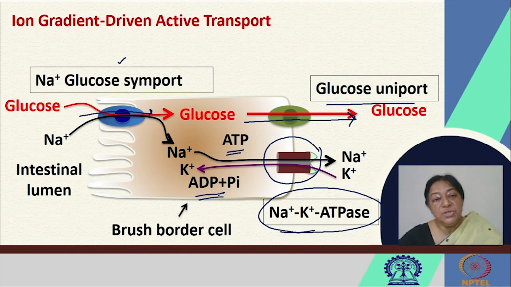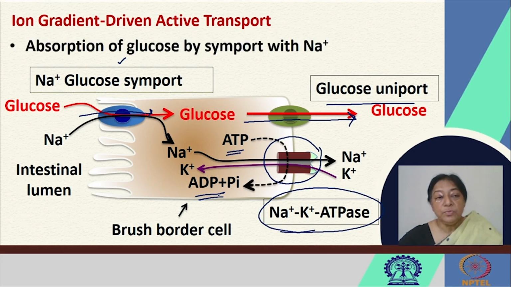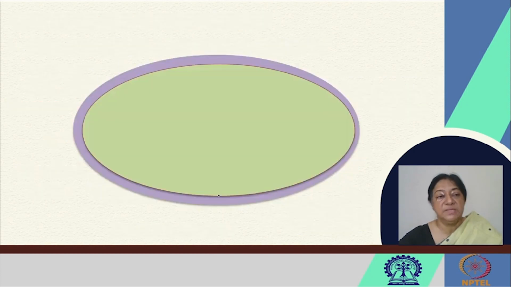So the conformational changes that occur in the protein due to the binding of ATP are important in bringing about the active transport of the ions against a specific concentration gradient. So we have the absorption of glucose by a symport method with Na+.